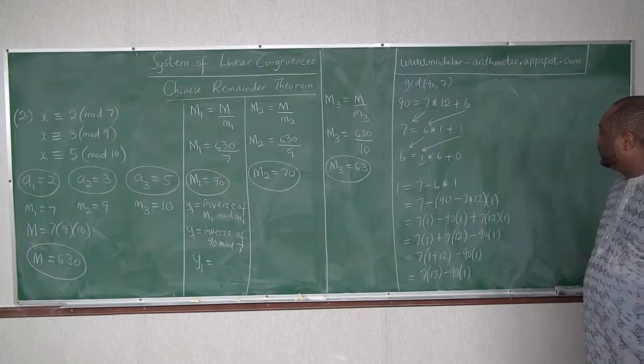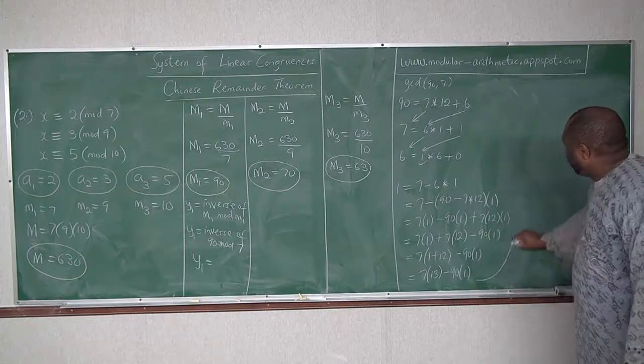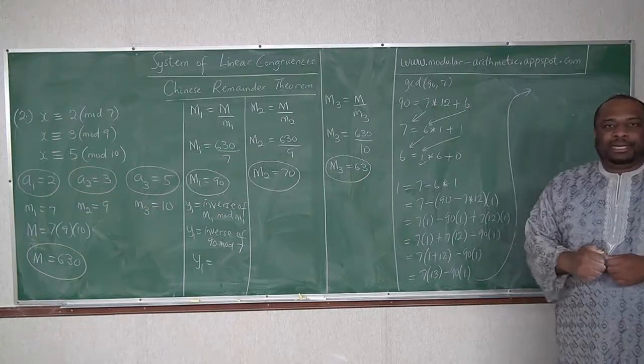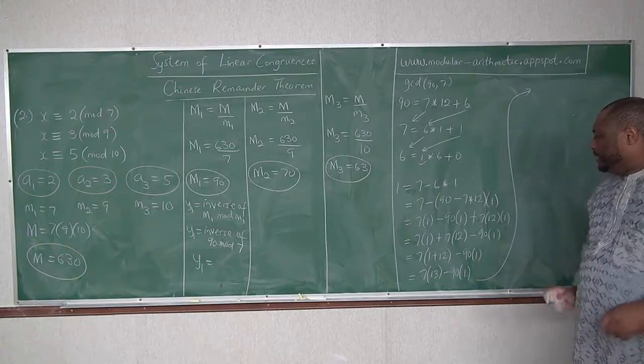That works: 7 times 13 is 91, and 91 minus 90 is 1.